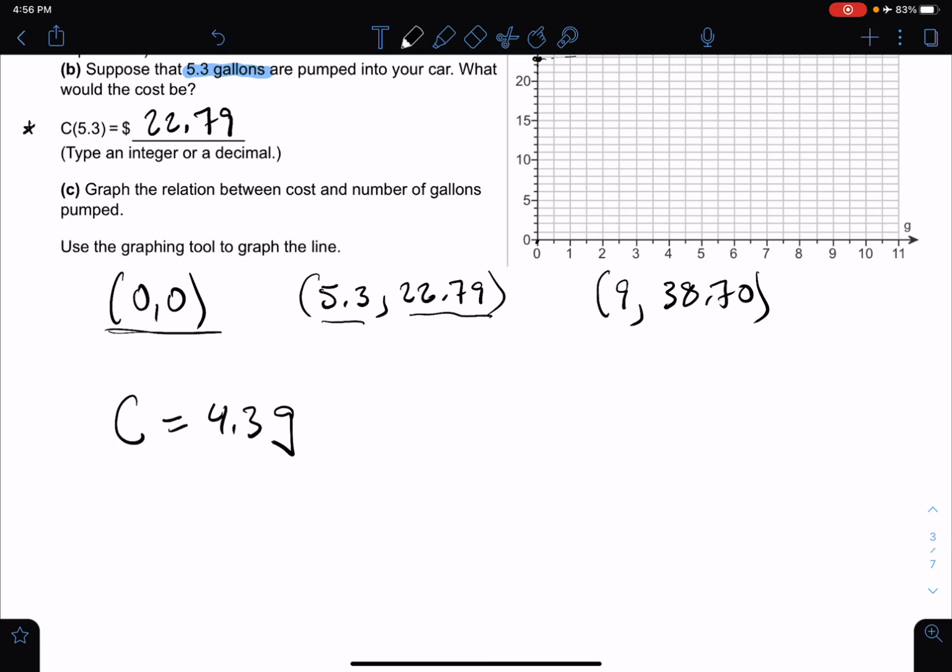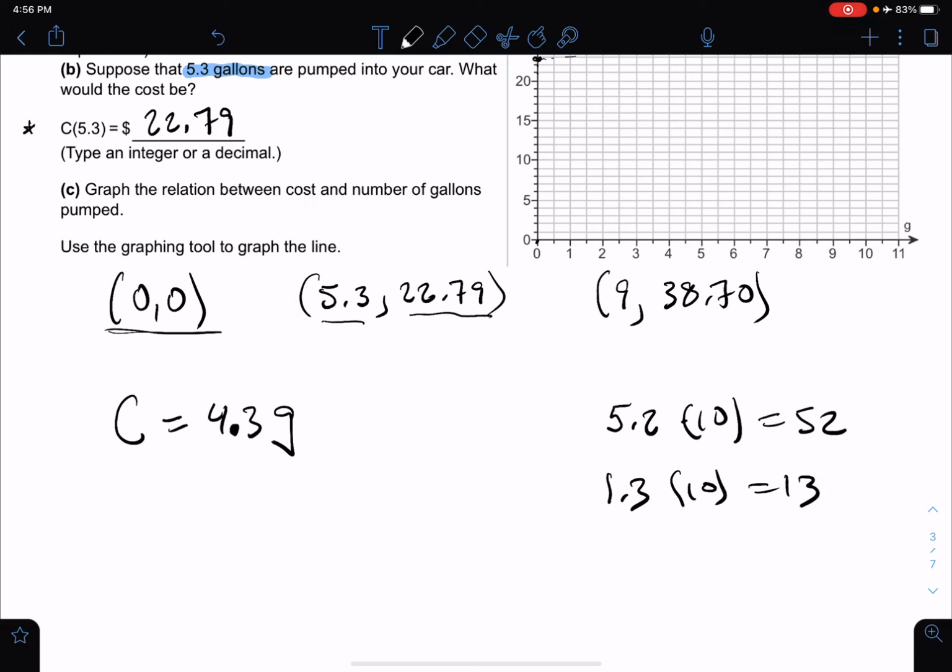Something that would be easy: if you had 5.2 and you multiply it by 10, what does that do to that number? Whenever you multiply by 10, it just moves the decimal to the right one. So that'd be 52. If you had 1.3 and you multiplied by 10, that's just 13.